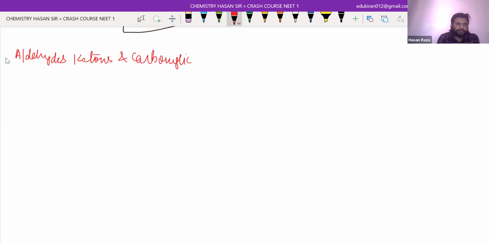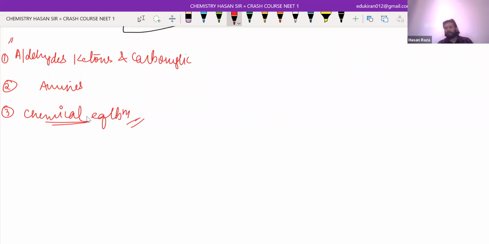After this, you will have amines and equilibrium, in which we will have chemical equilibrium in our test. The whole equilibrium will not be in our syllabus, because equilibrium has two parts: chemical equilibrium and ionic equilibrium. So in the test there will be only chemical equilibrium, or up to whatever syllabus I complete in class, that will be the syllabus for the upcoming test. Is that clear?